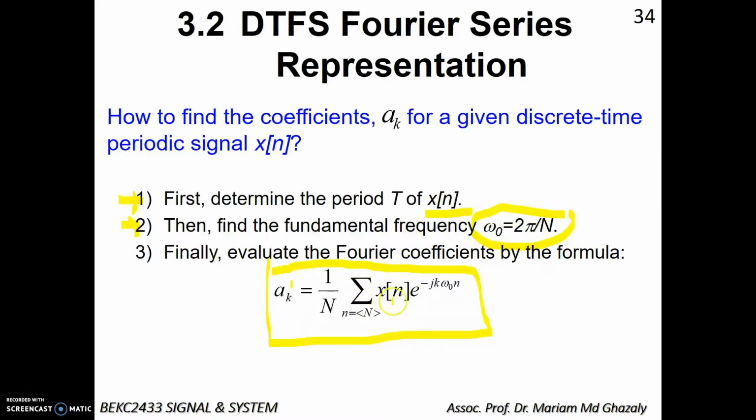So from the x[n] value, you know the magnitude at that moment, and e^(jk omega_0 n) depends on what the k value is at that time.